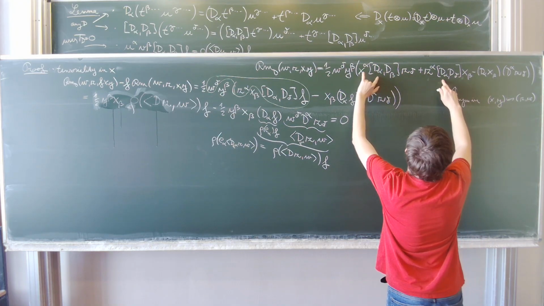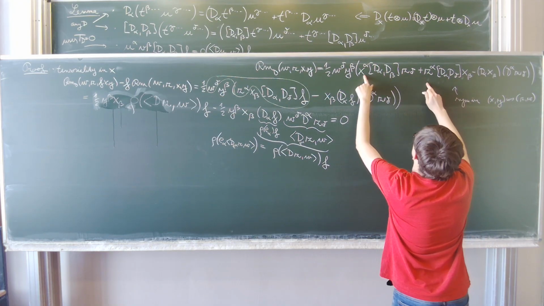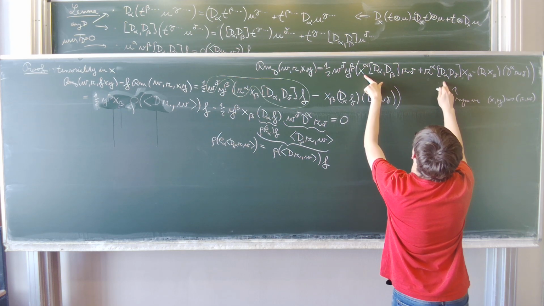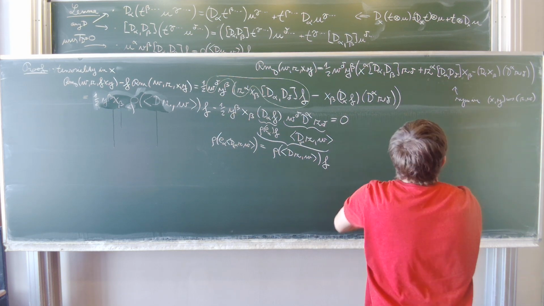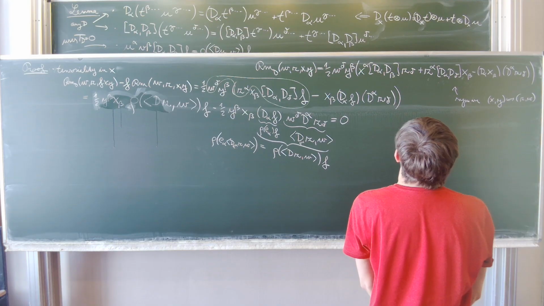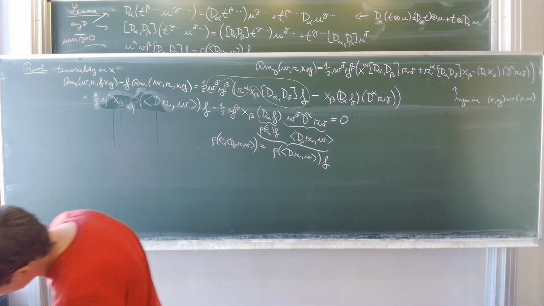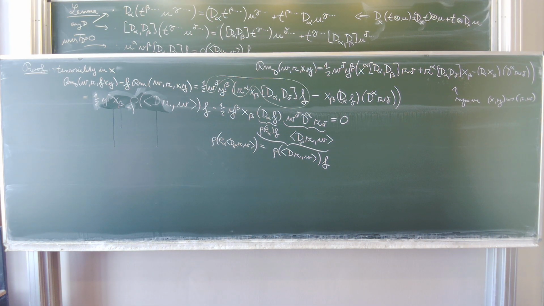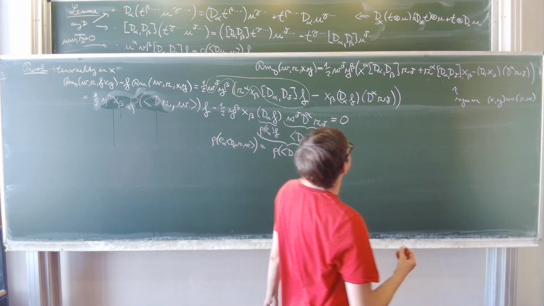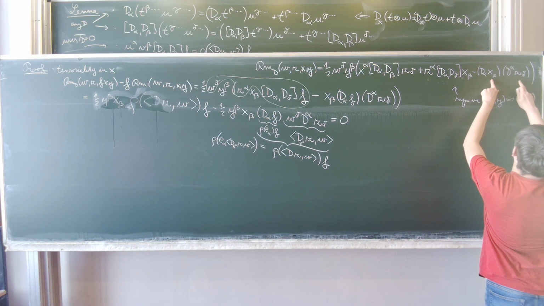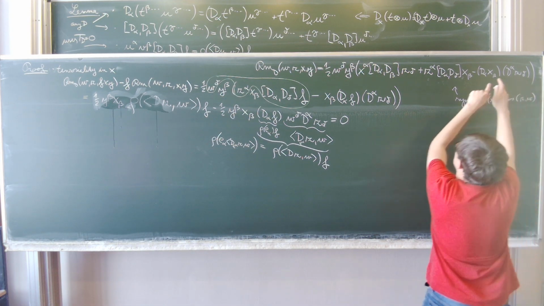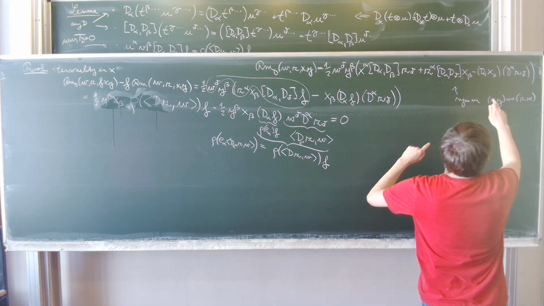I have to relabel the indices: if I exchange x and z, that switches beta and delta, so that works.